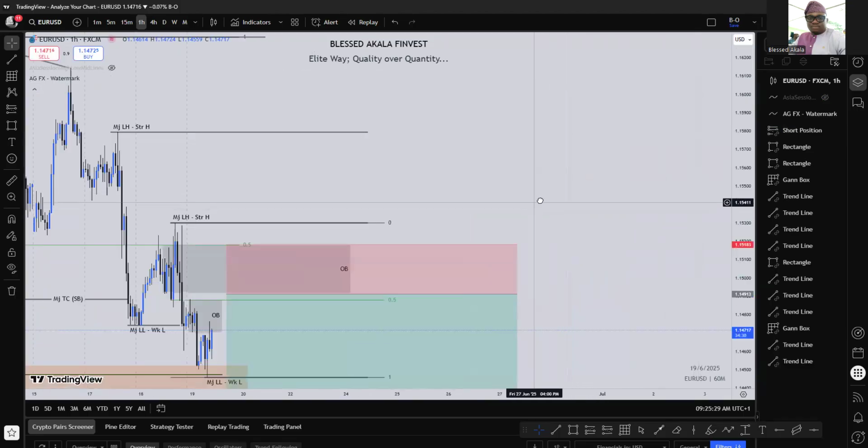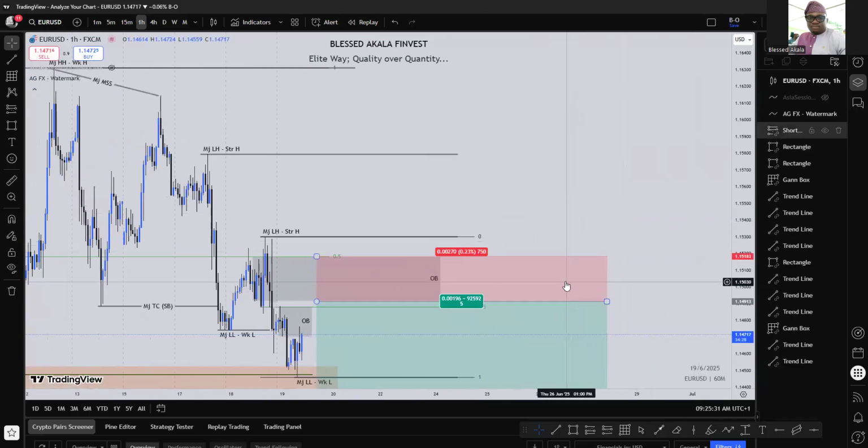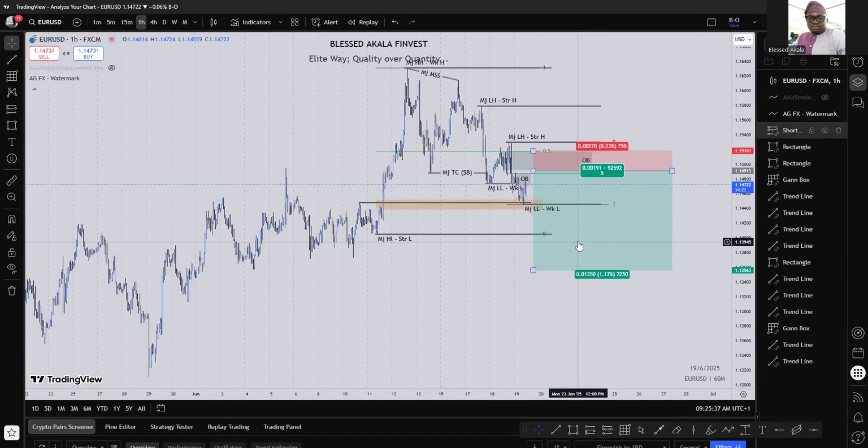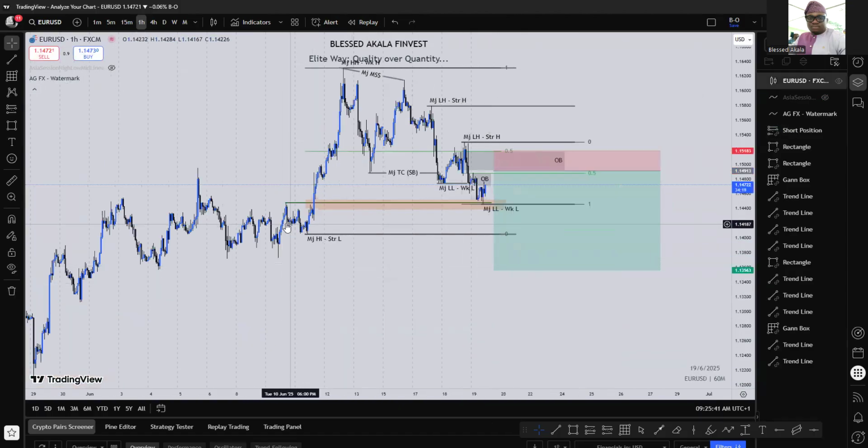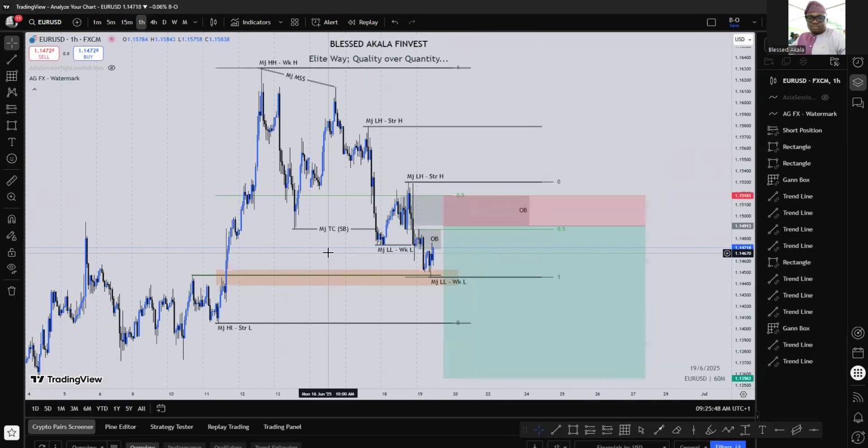So we're selling from this particular leg here, 27 pips something, just to be on the safer side. I believe this low can be taken with it.